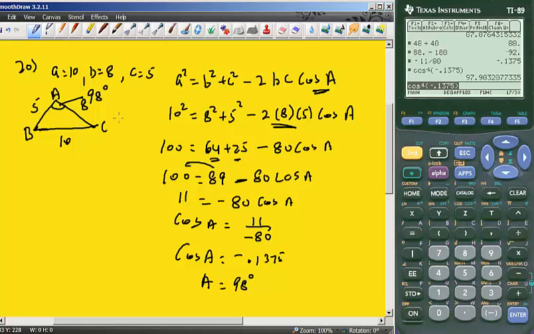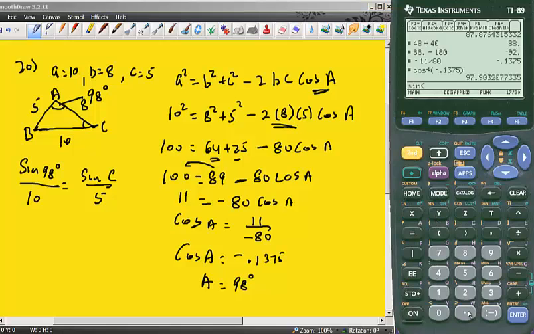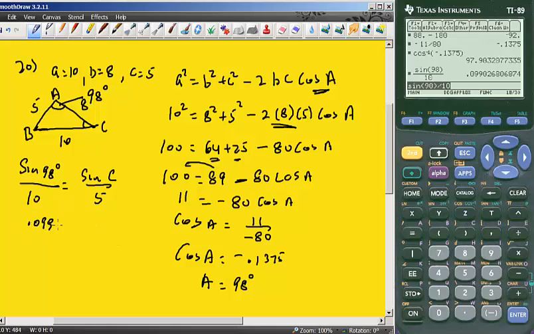So now I need to find the other two angles, so I can use law of sines because it's just so easy. So sine of 98 degrees is to 10, and let's go ahead and find the smaller one, the C. So sine of angle C is to 5. Law of sines is easy, so let's crank that out. Sine of 98, and then we're going to divide that by 10, hit enter, and this turns out to be 0.0990.